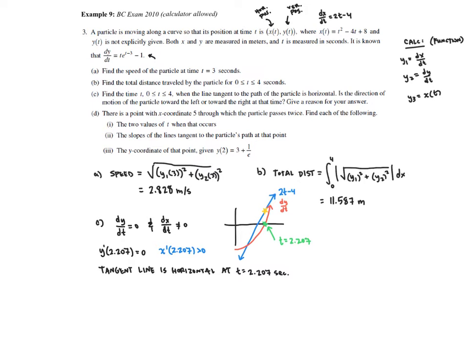Okay, the question continues on and says, is the direction of the motion of the particle toward the left or toward the right at that time? Give reasoning. I would say it is to the right.